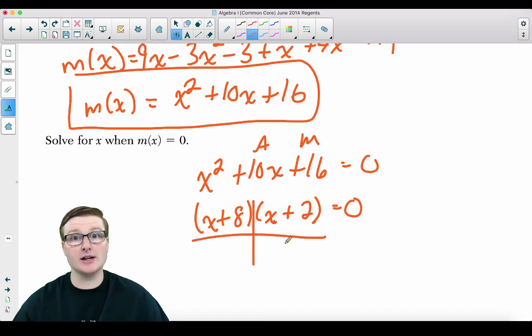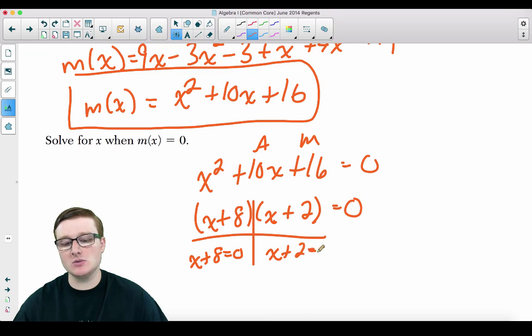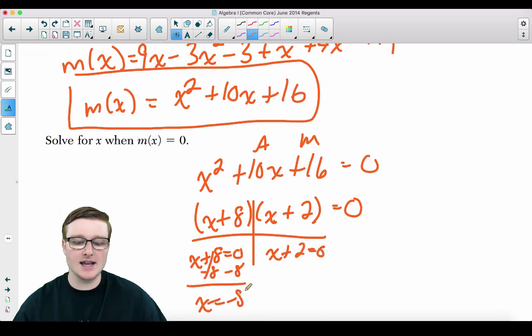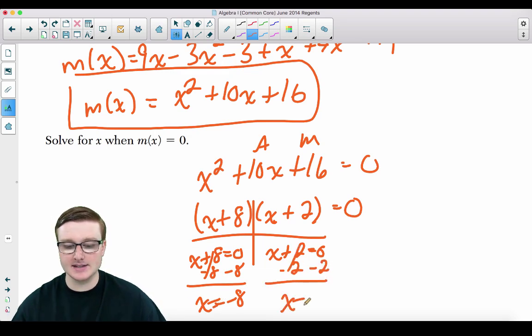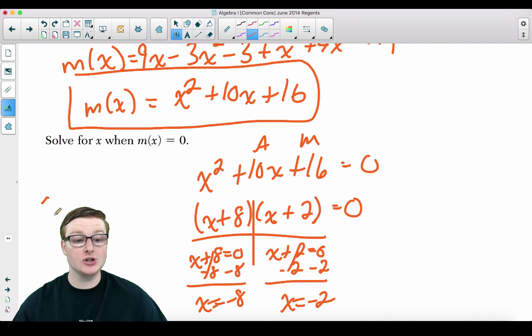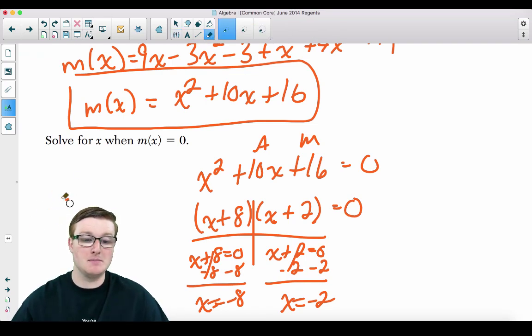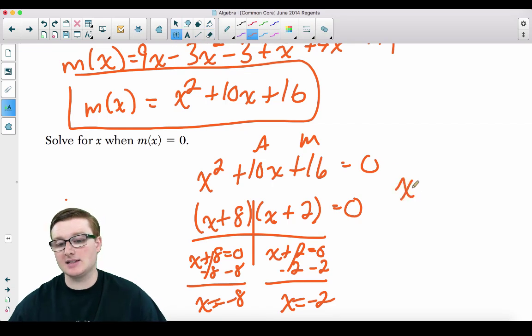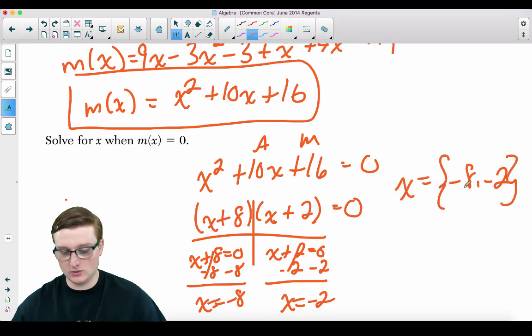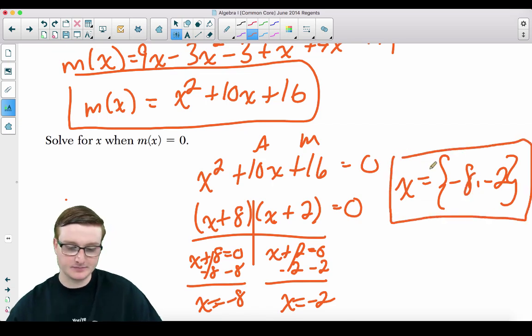Now I'm going to T-bar it. x plus 8 equals 0, x plus 2 equals 0. Subtract the 8 on both sides and you get x equals negative 8. Subtract the 2 on both sides and you get x equals negative 2. So x is equal to negative 8, negative 2, and that is going to be your answer.